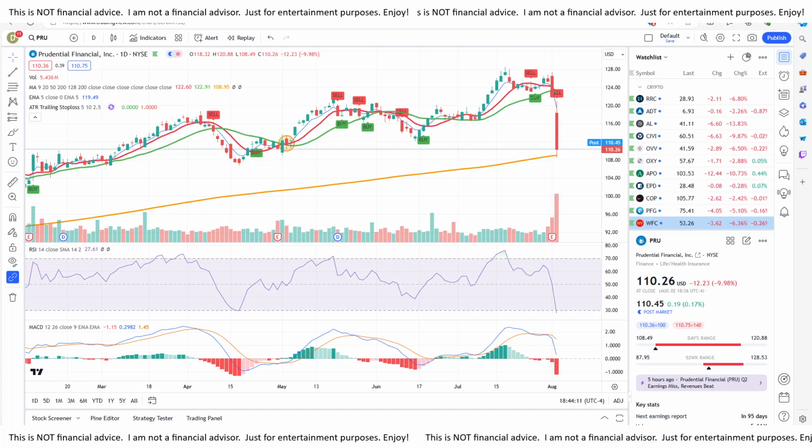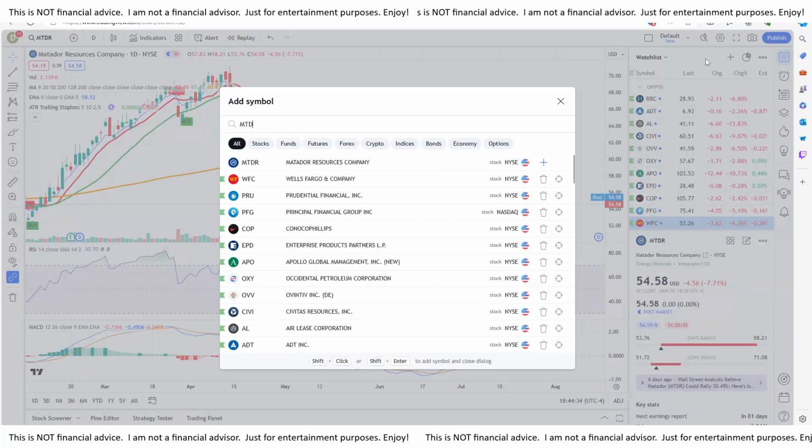MTDR is the last one, then we get on to the day trade stuff. Another 4-letter. I don't care. I trade them all equal. But the real power is in the position sizing.